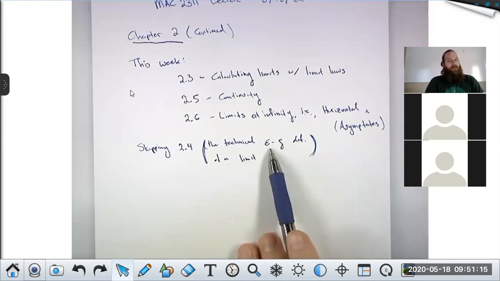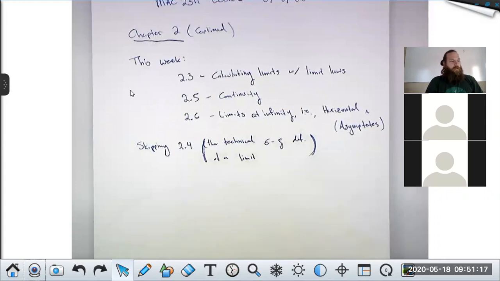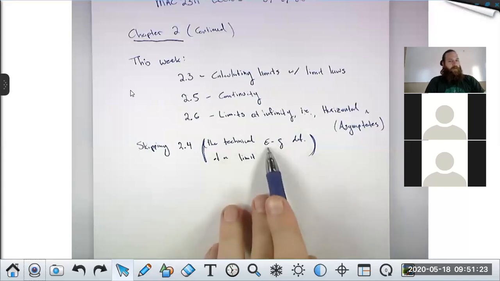So epsilon and delta, when you see this language, means you give yourself a little bit of wiggle space.